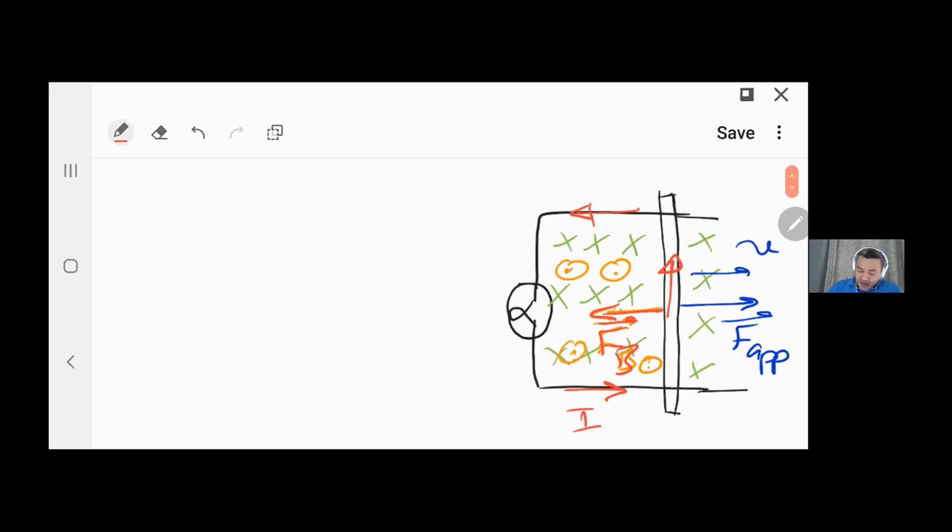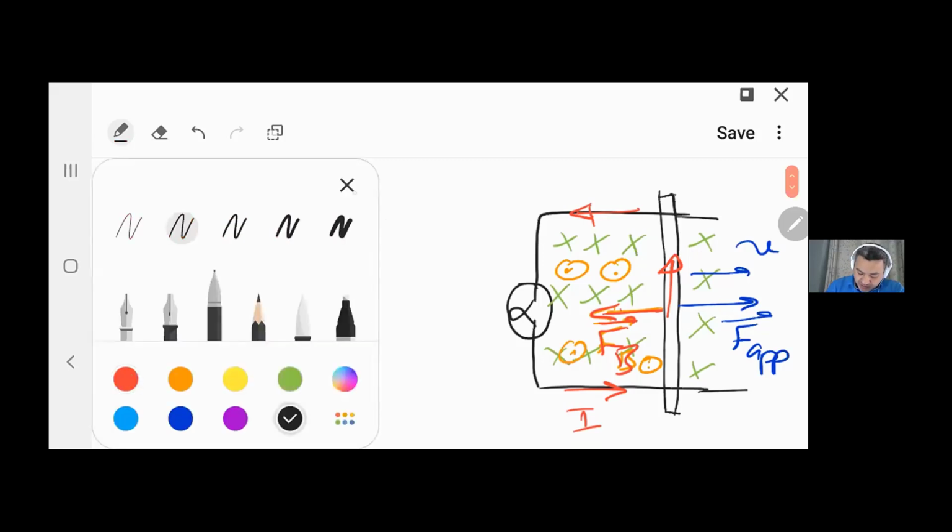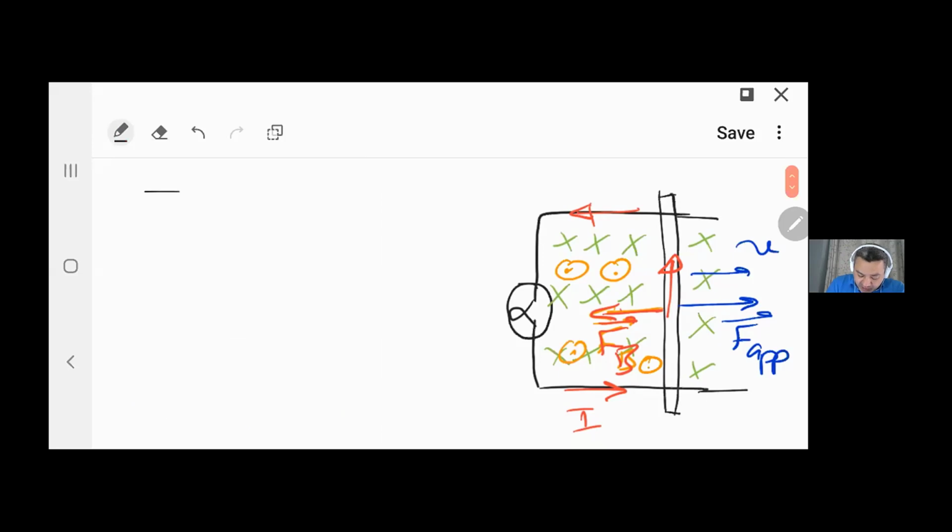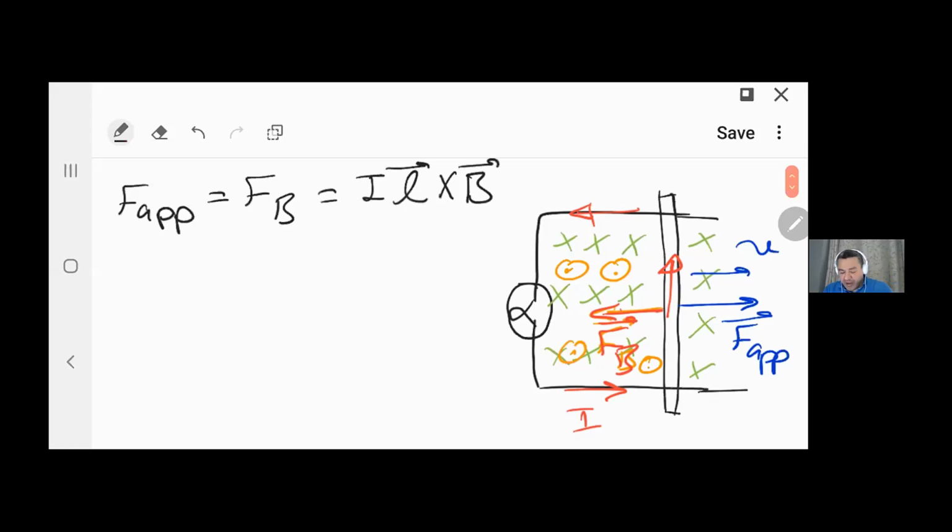Okay. So now we need to calculate this force. So what we know is now F_app equals F_B, and this equals I L cross B. Now the L that I'm talking about is this L, the bar.